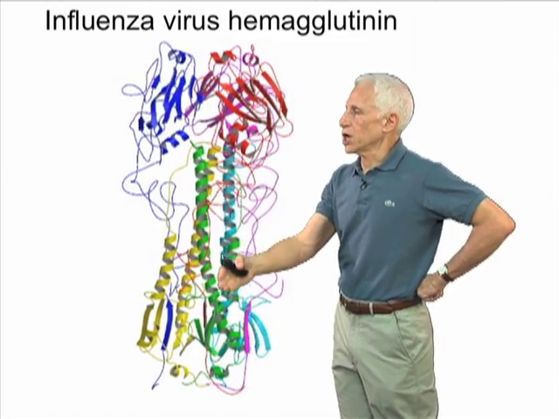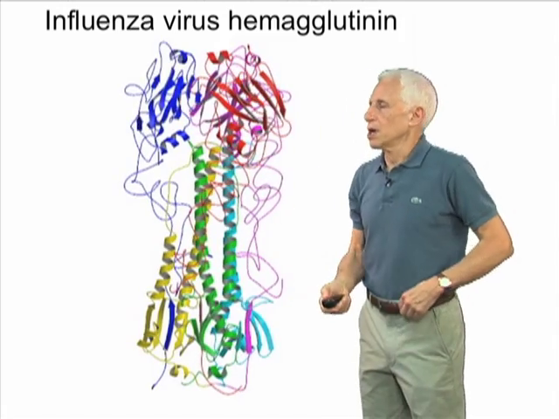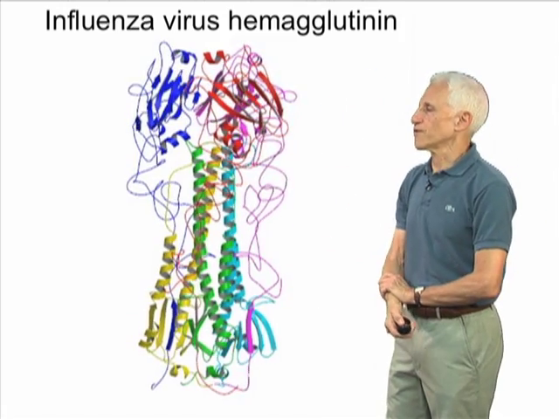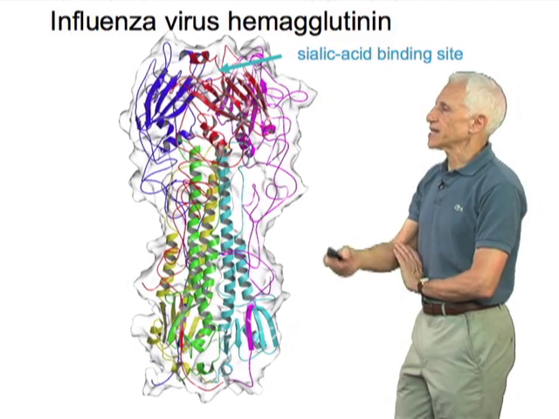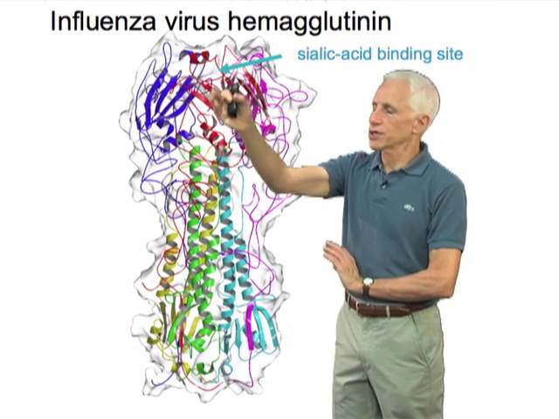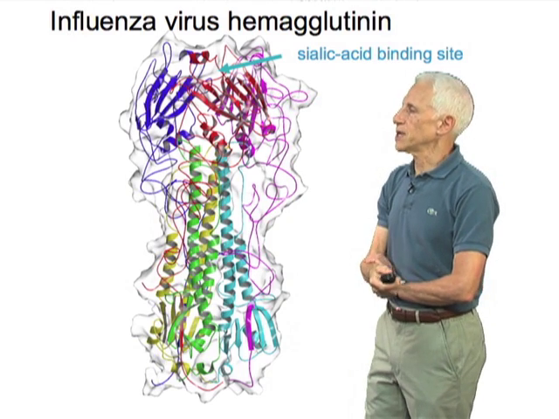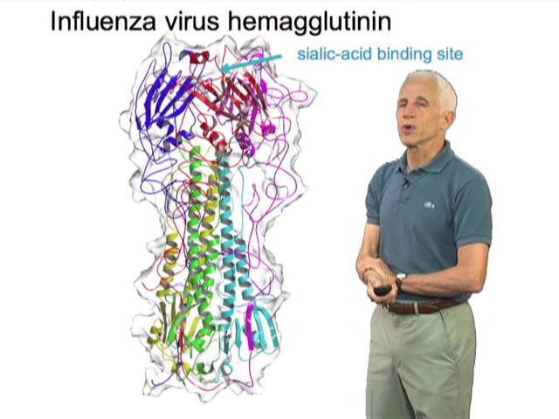HA2 forms a stalk that projects outward from the surface of the virus. The sialic acid binding site here, there's one on each of the three subunits, faces outward.